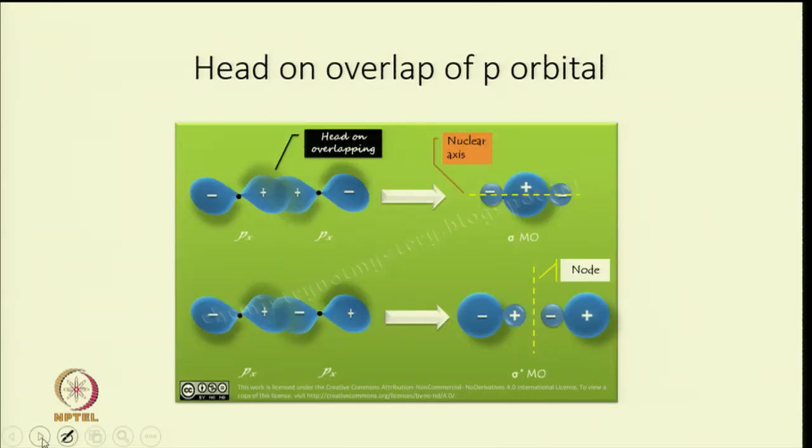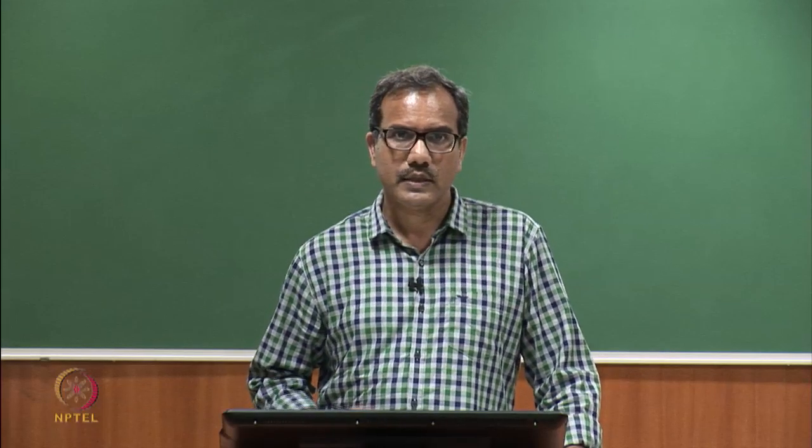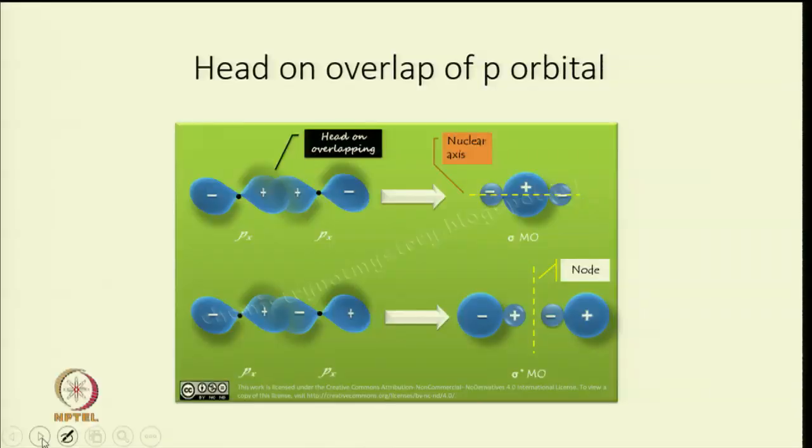Now, consider the overlap of p orbitals. There can be head-on overlap. If there is head-on overlap, what you get is this orbital, which is a sigma molecular orbital. Look at the center and look at the inversion, and you will find this is symmetric, and that is why this is gerade g. Whereas if there is anti-bonding orbital formation, then it will not be symmetric with respect to the center of inversion, and that is why this is ungerade u.